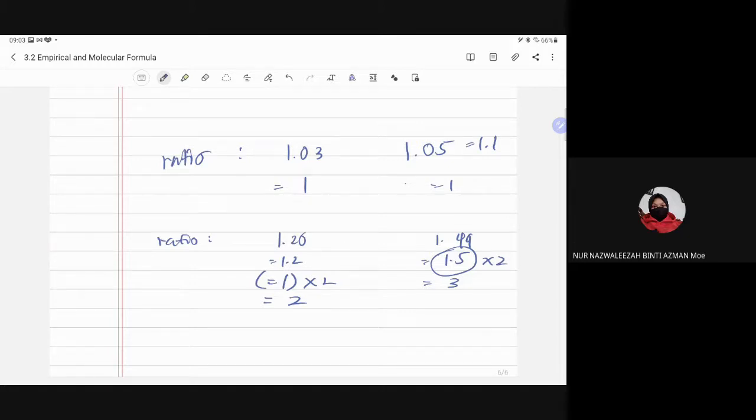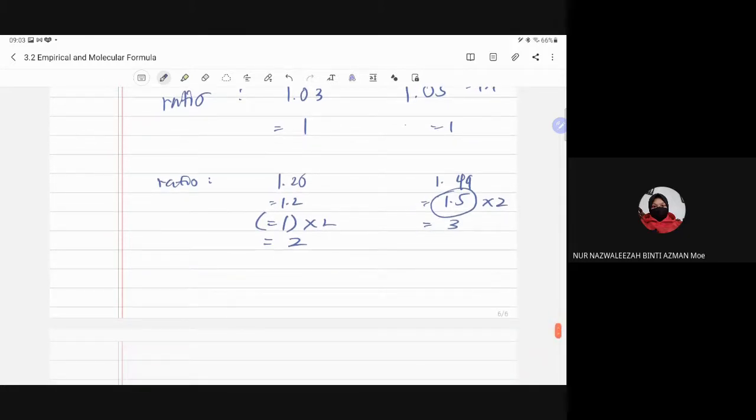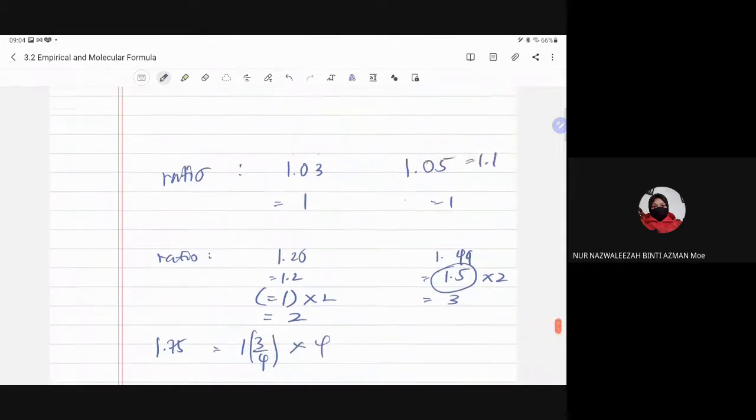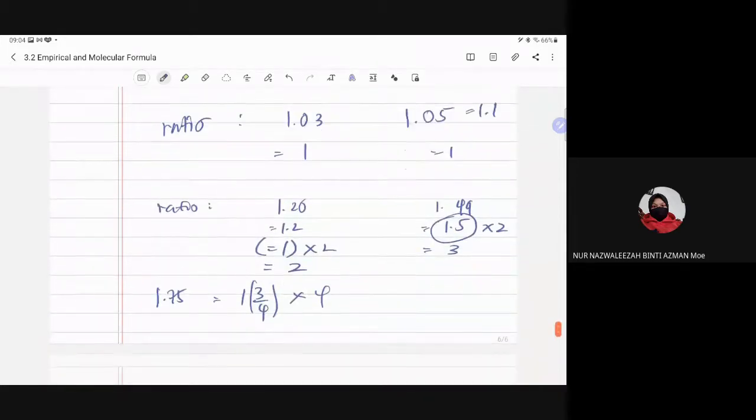Kalau 1.75, okay, very good, Felicity. 1.75 ini bersamaan dengan 1 3/4. Betul? 0.75 adalah 3/4. Darab dengan 4. Okay, saya tak tulis tadi dekat atas tu. Sebab dia gandaan 0.25.